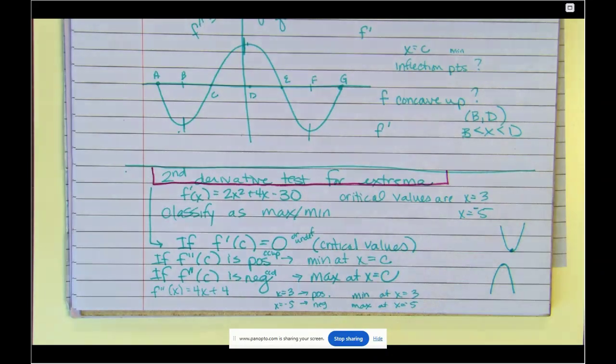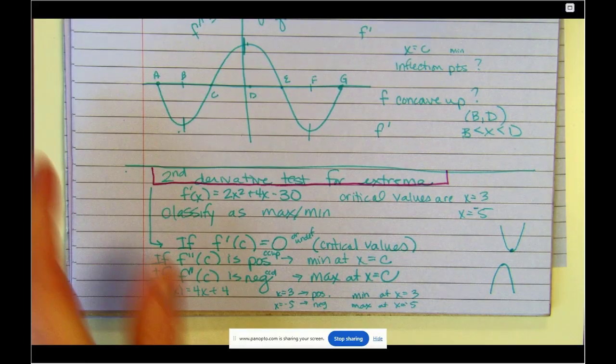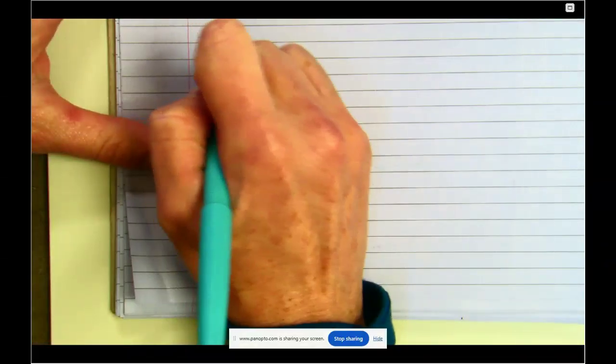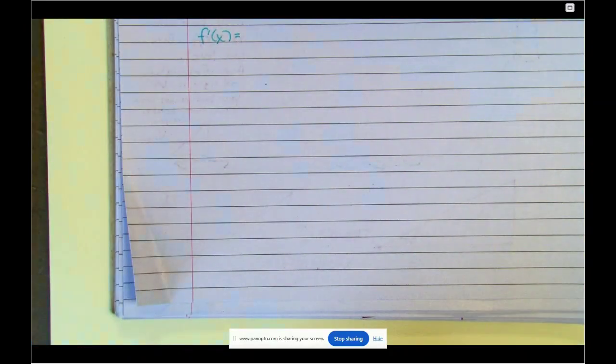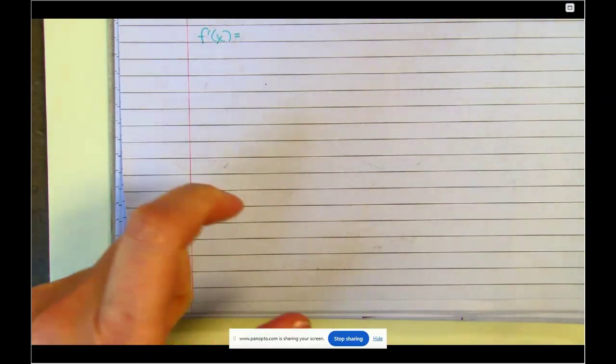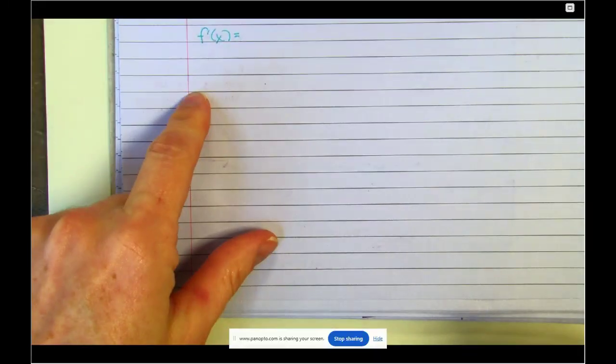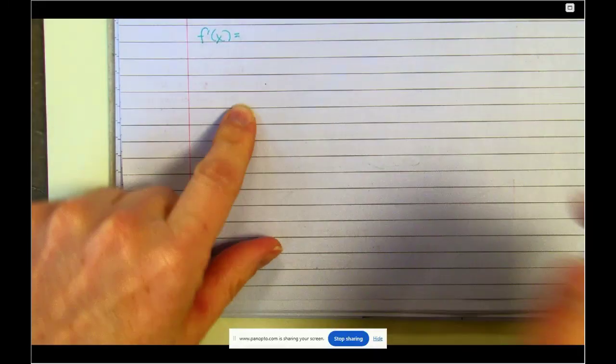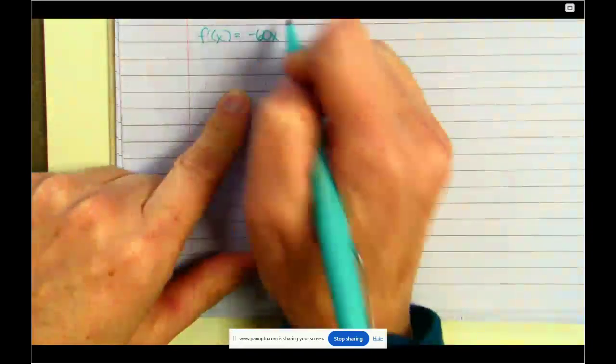That's okay. Okay, so I want you to do this one. This should be our last example here. Let's say that f prime of x is equal to -60x.